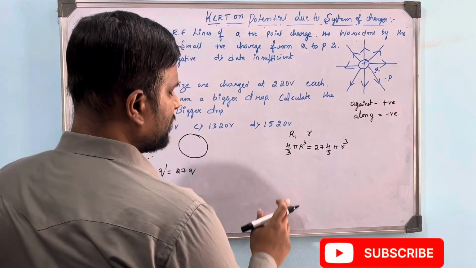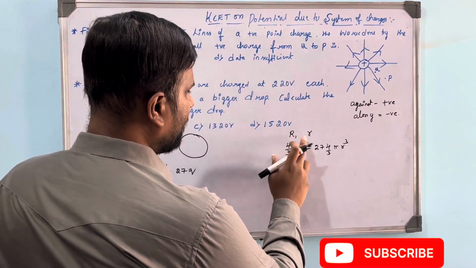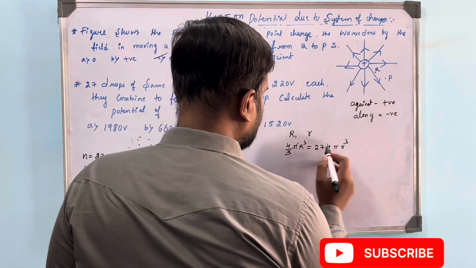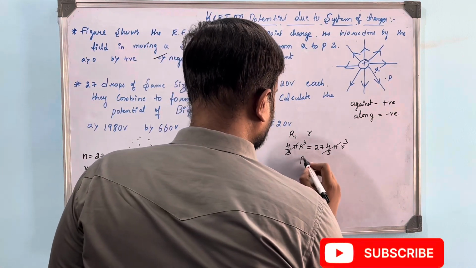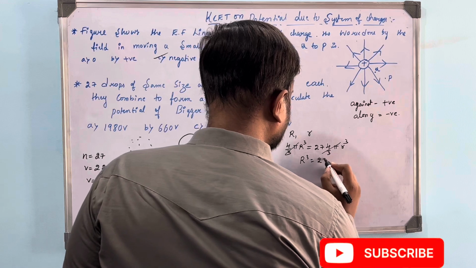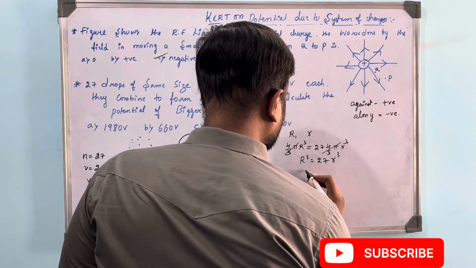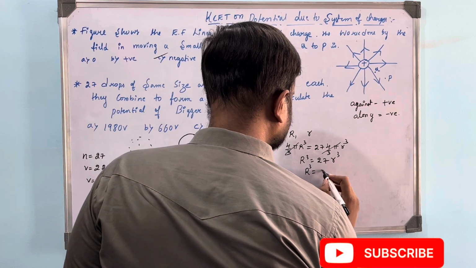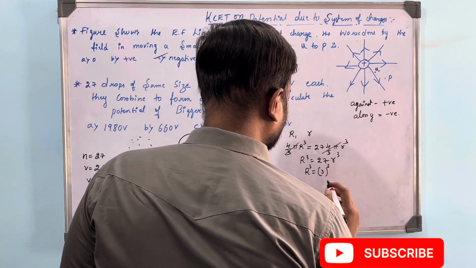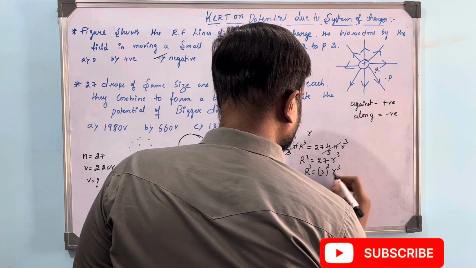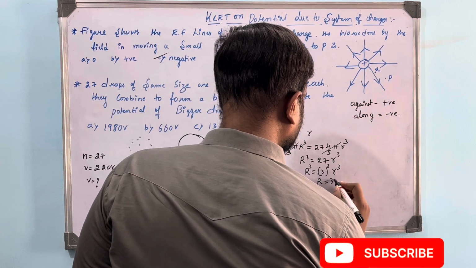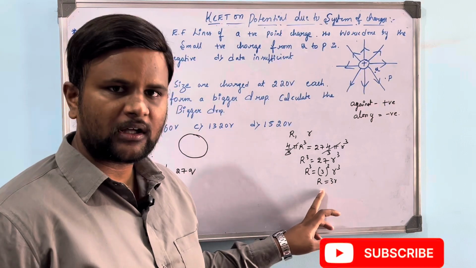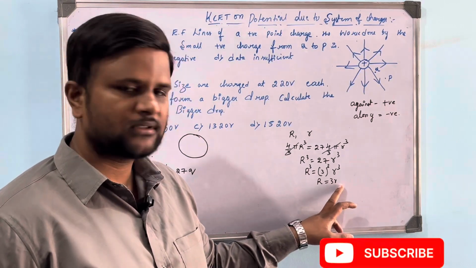I need to find the relation between capital R and small r. The 4 by 3 pi cancels, so capital R cube is equal to 27 times small r cube. So R becomes 3r. This is the relation: capital R is equal to 3 times small r.